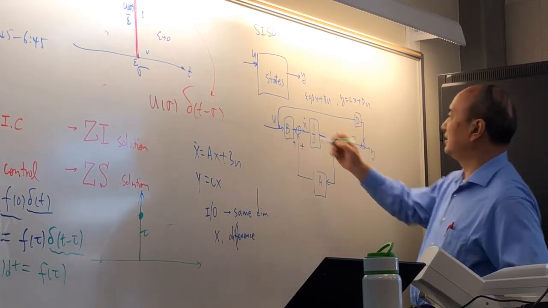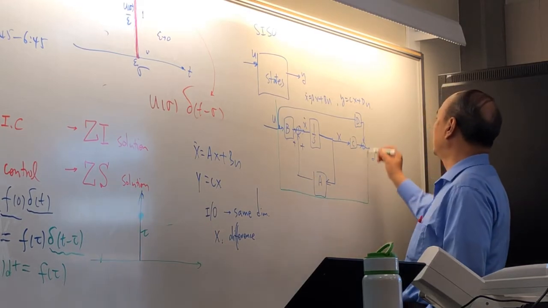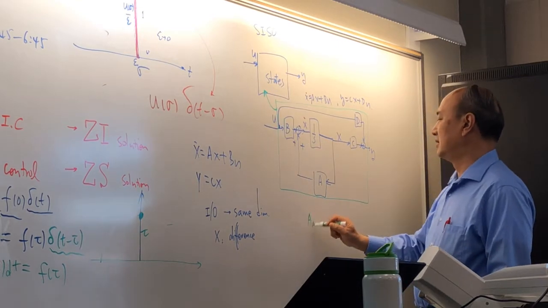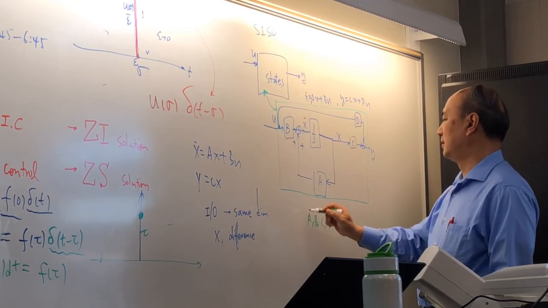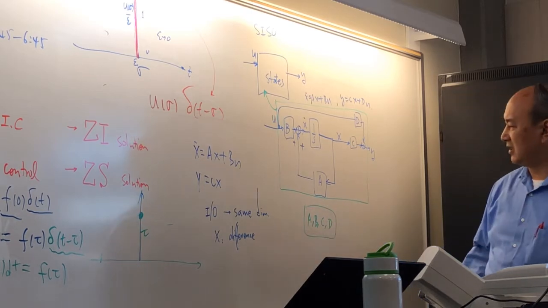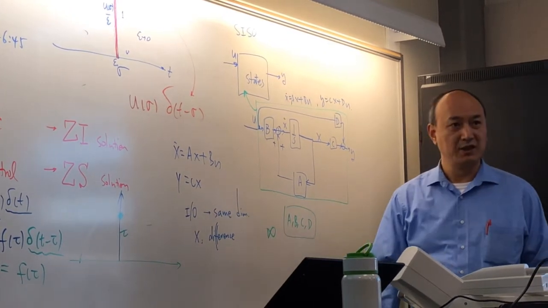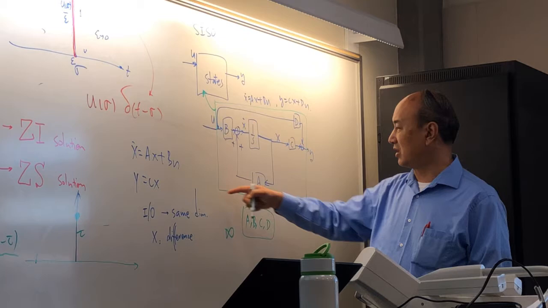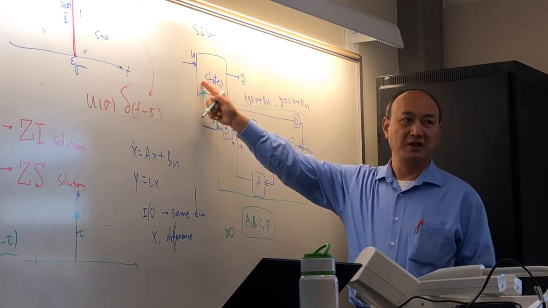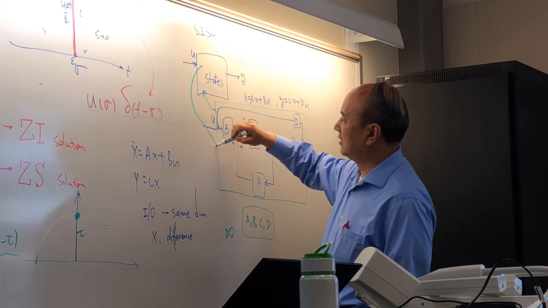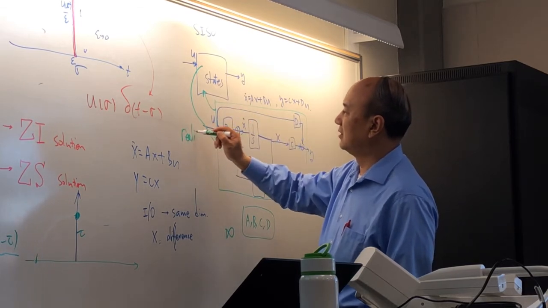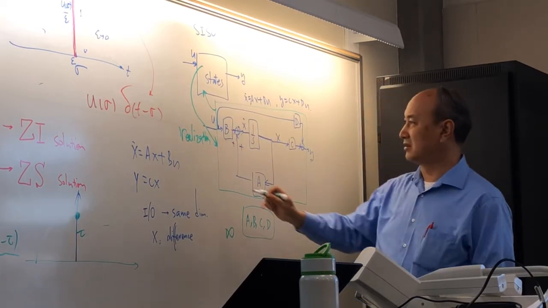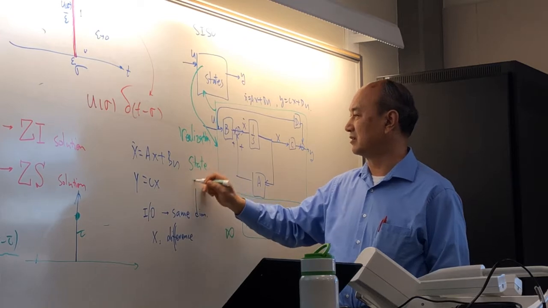If I put the whole thing into a green box with A, B, C, D, you have infinitely many A, B, C, Ds that can make this box the same as this. From here to here is called realization. You put input and output realized in such a way, and it's called state space realization.